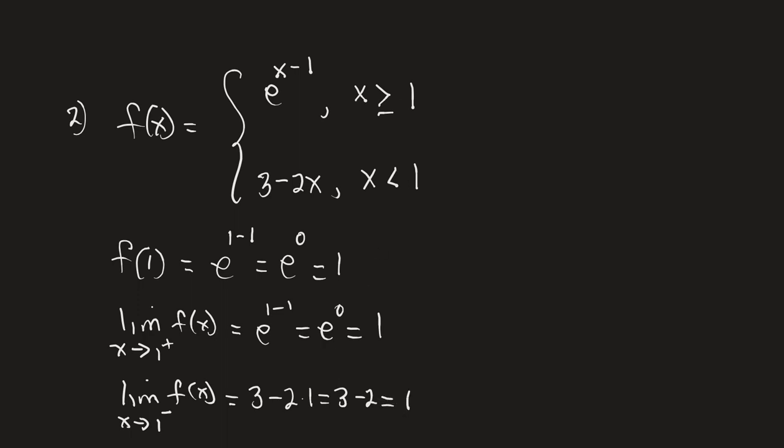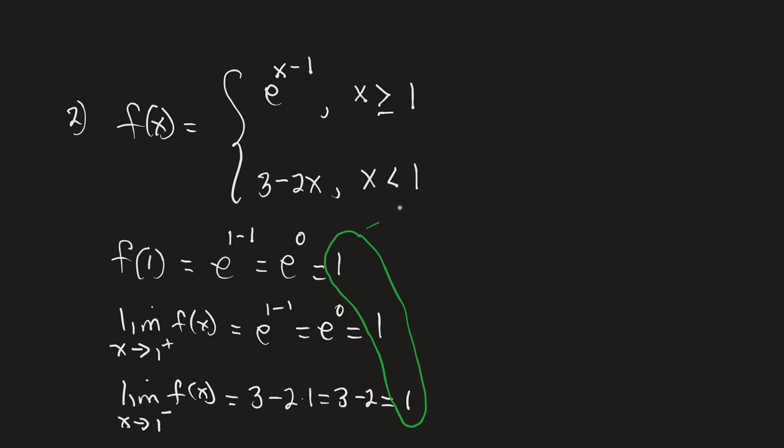So whenever all of these numbers are the same, then it means that the function is continuous at that x value. So not only is this piece continuous and this piece continuous, but the entire function altogether is continuous for all real values of x, right?